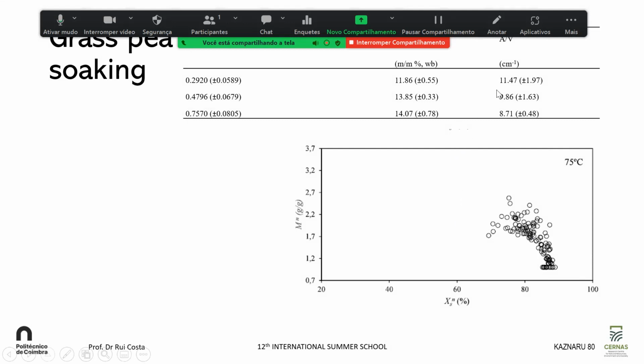One thing that we saw in the recipe is that the smaller the seed, which means the higher the area per volume, the smaller the water content at equilibrium.